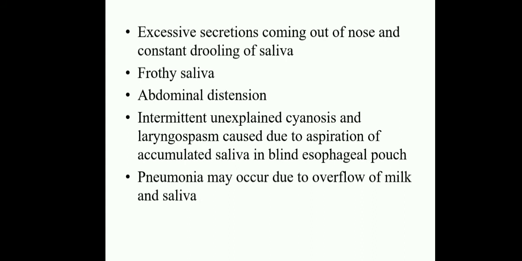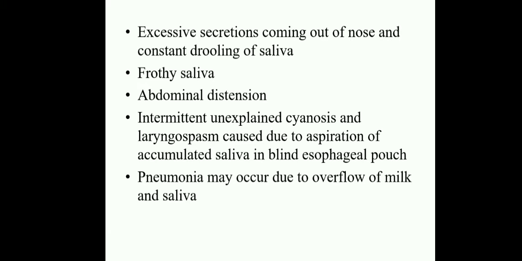The saliva is mixed with thick mucus. Then abdominal distension, as I said, in the fourth type. Here the distal part of the esophagus is connected with the trachea, so whatever air the baby inhales may enter the stomach. That is also one of the indications of type 4 tracheoesophageal fistula, because abdominal distension is there.